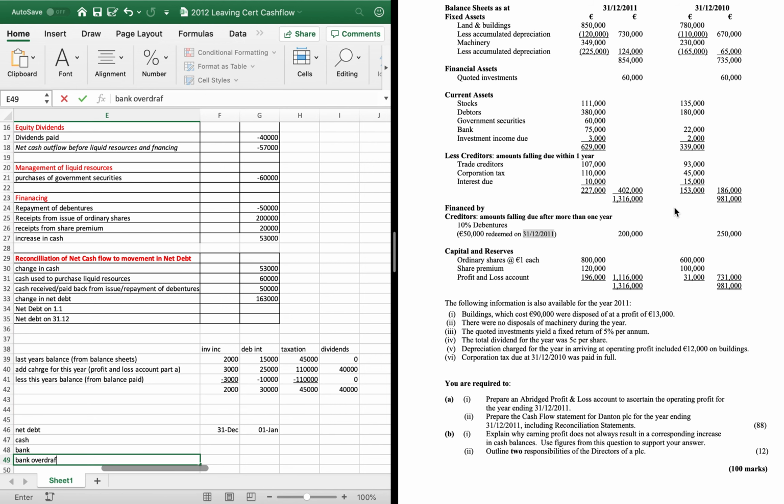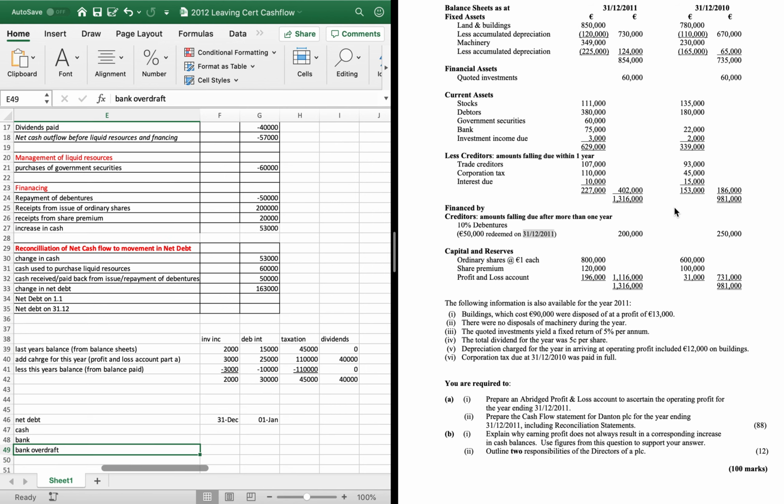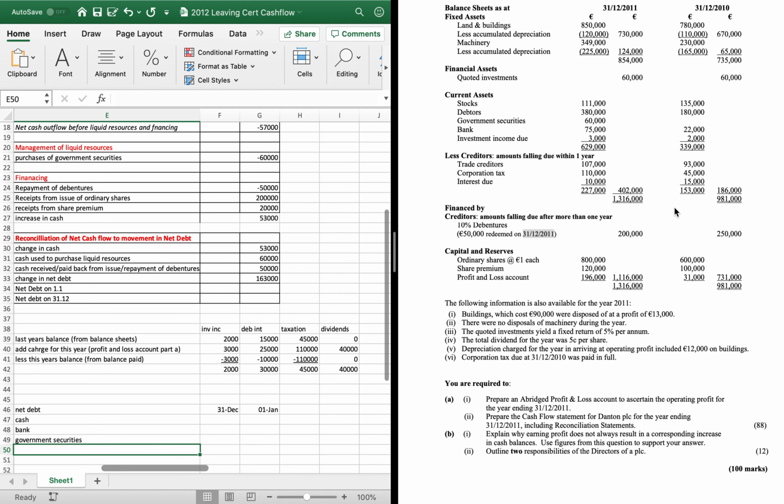So bank overdraft, cash, bank, government securities. And then they're my positives. So those three are my positives, right? So my negatives then are bank overdraft if I have one, and debentures. They're my negatives.